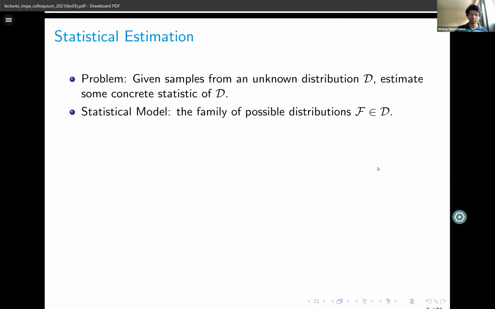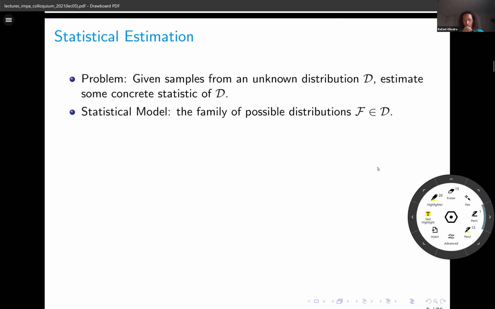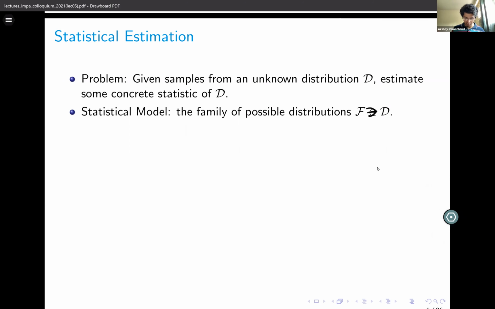A model is a family of distributions containing your unknown distribution D that it could come from. So given that one of these distributions is the true distribution, guess which one it is, or guess some property of it.